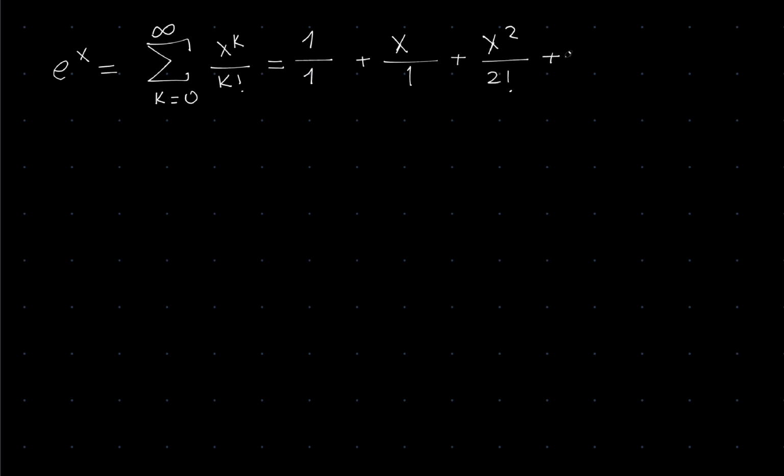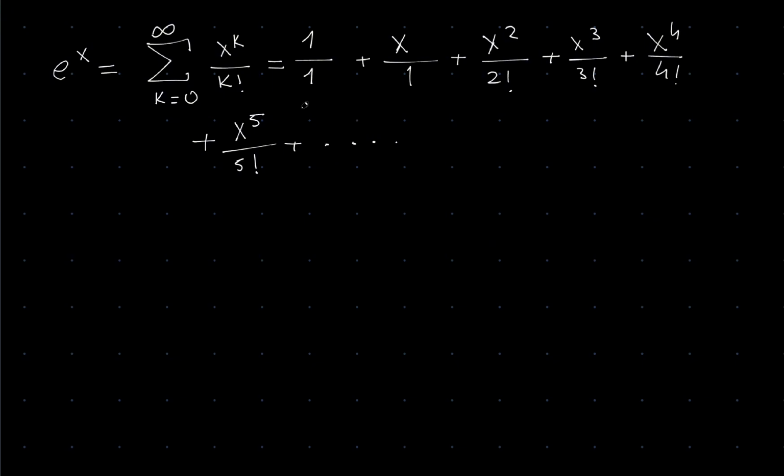Let's continue and write a little bit more: x to the 3 and 3 factorial, and for 4 it will be x to the 4 and 4 factorial. I don't have enough room here, so let's write it here: x to the 5 over 5 factorial, and I think that's enough. That continues to infinity.